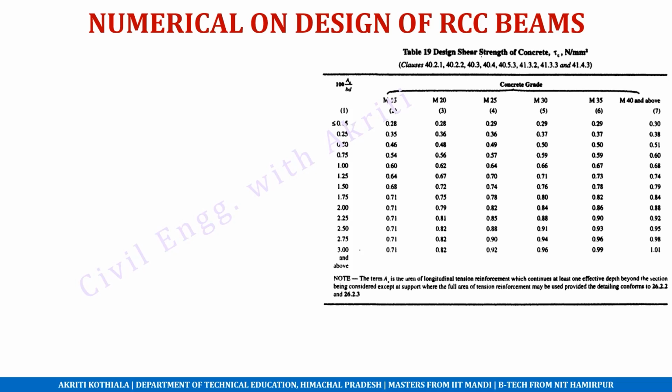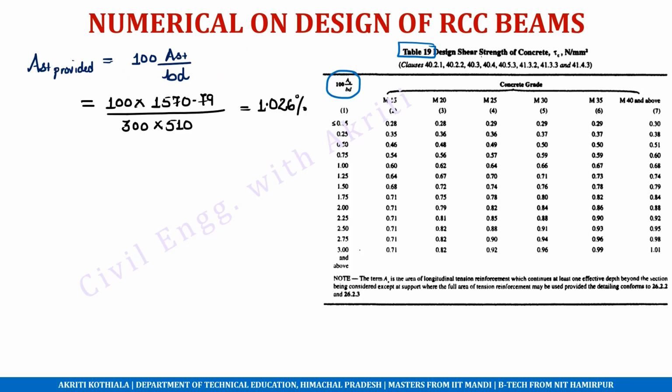So we'll be using table 19 for this calculation. In this, we have to calculate the percentage of area of steel provided, which can be calculated from 100 into Ast provided upon bd. So Ast provided we can obtain from the previous steps, which is equal to 1570.79. So this percentage calculates to be equal to 1.026%.